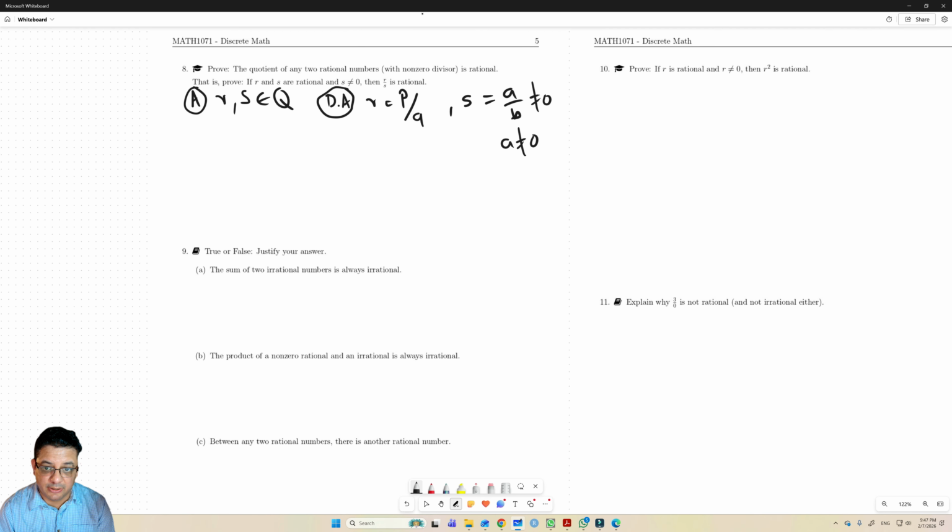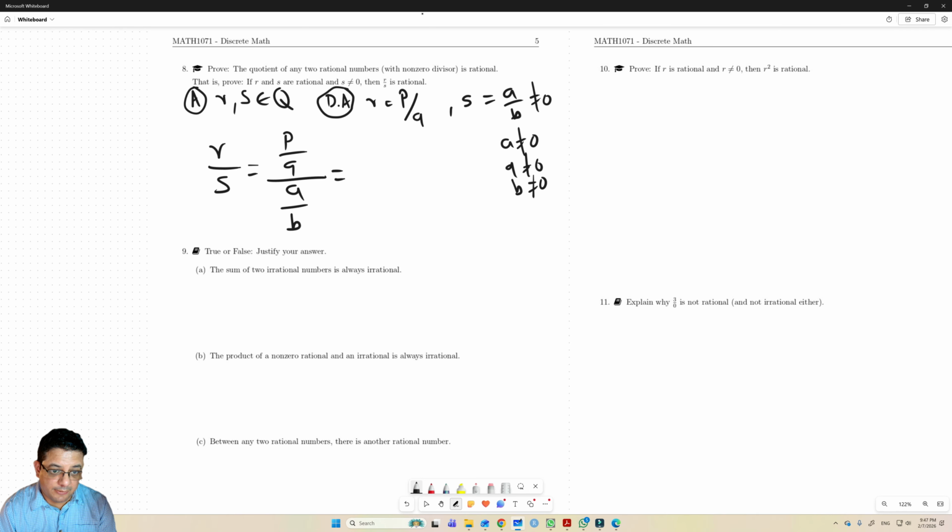Okay, so we have A not zero, Q is not zero, and B, of course, is not going to be zero. Now, if we check for the quotient of R over S, then what we're doing is really checking what is P over Q over A over B.